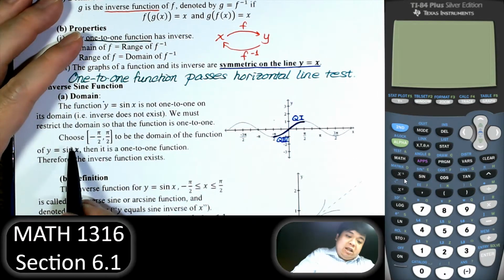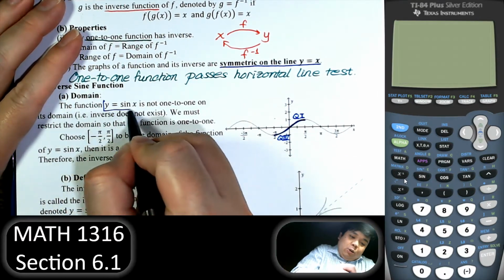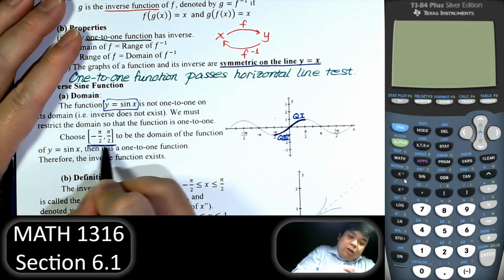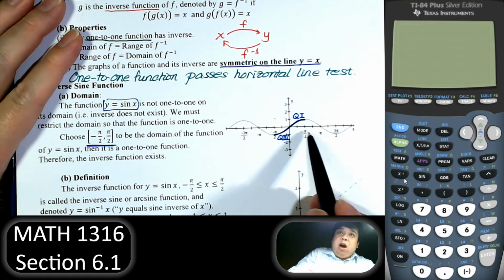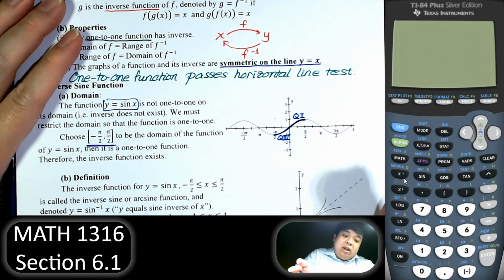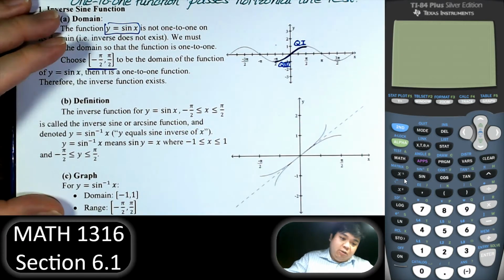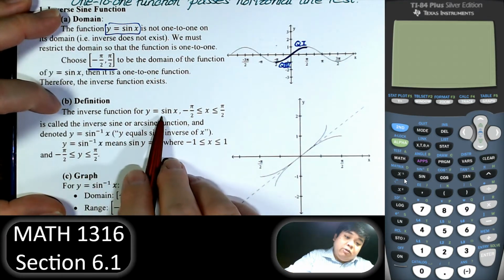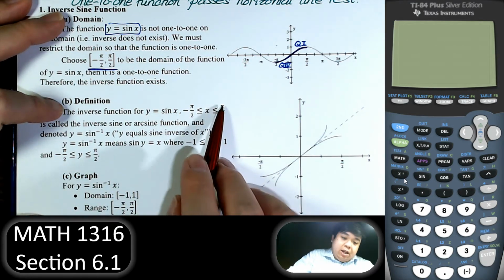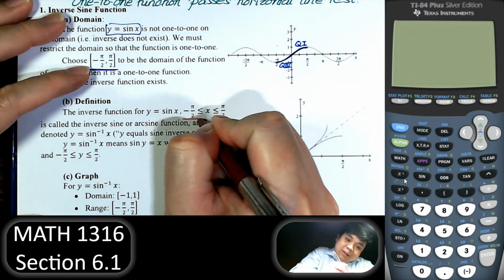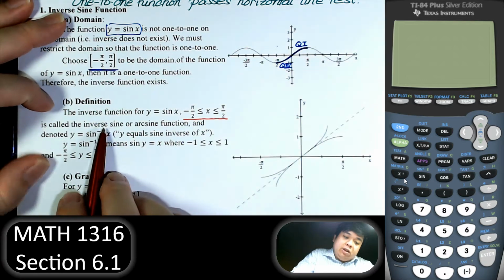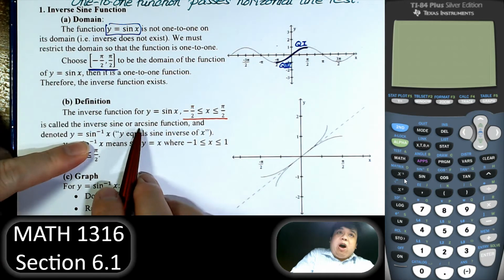So as it says here, for y equal to sine x, if we choose from negative pi over 2 to pi over 2, the function is 1 to 1, and therefore the inverse exists. The way we define the inverse is as follows. The inverse of the function with this domain is called the inverse sine or arcsine.